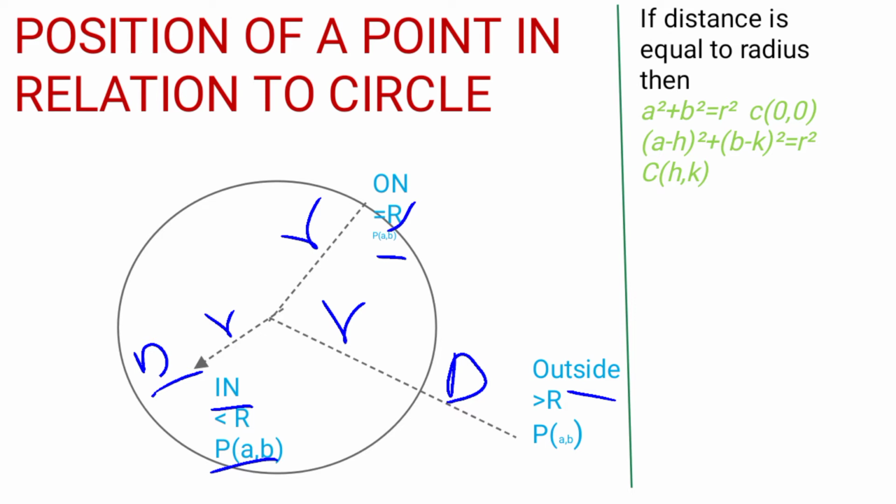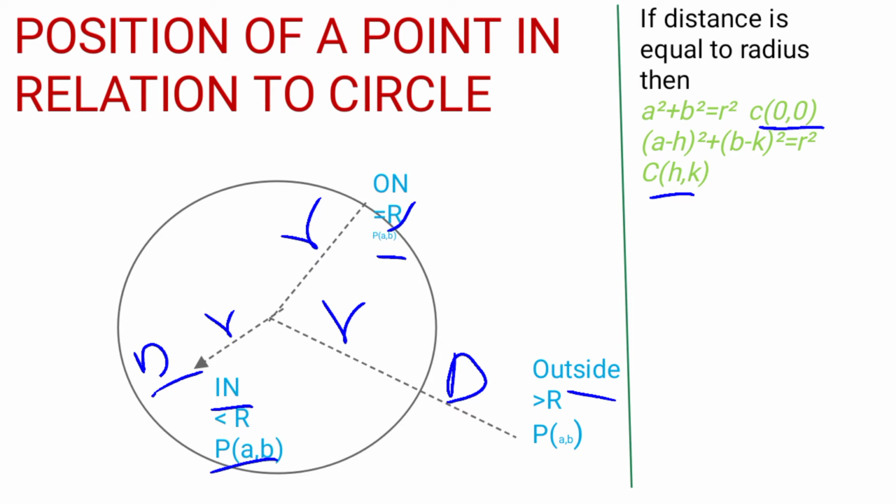If the distance is equal to the radius, then the equation is a squared plus b squared is equal to r squared when the center is 0, 0. And if the center is h, k, it will be a minus h squared plus b minus k squared is equal to r squared.